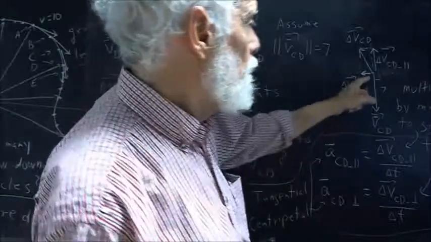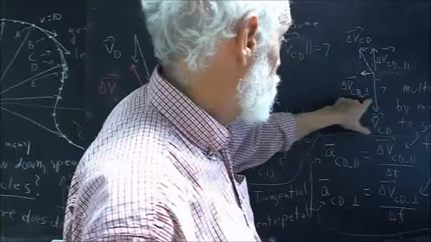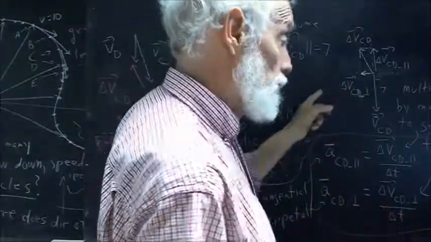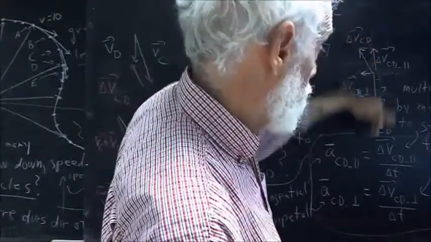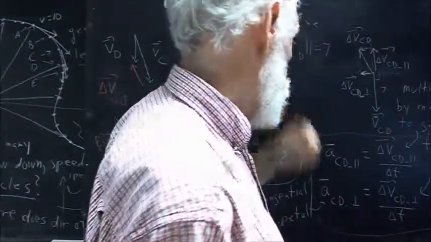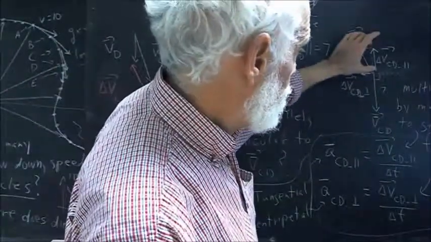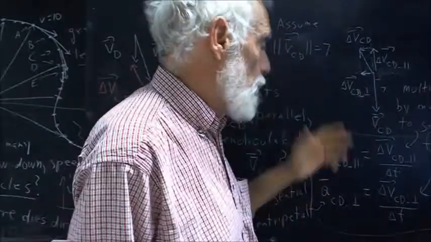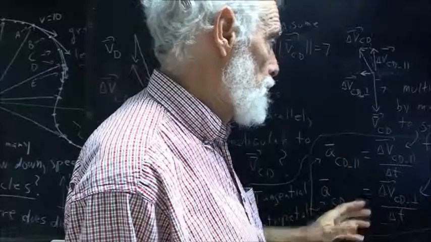There's no need to change speed to change direction. This perpendicular component is going to change my direction. It has no influence on my speed because it has no component in the direction of motion. Only this vector has a component in the direction of motion. So the parallel component of the change in velocity affects speed, and the perpendicular component affects direction.